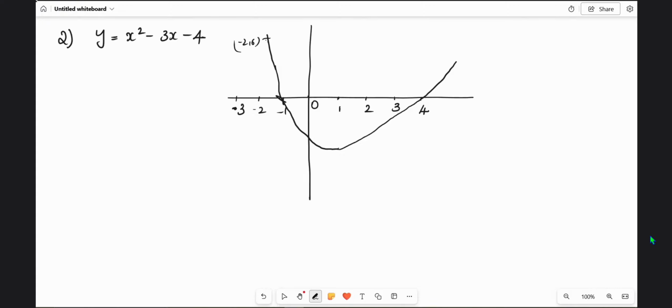Now can you tell me what are the zeros of this polynomial? 4 comma 0. Another one is minus 1 comma 0 you will get. Correct? That means x is equal to minus 1 and x is equal to 4 are the zeros of this polynomial. They will ask MCQs on this. They will give the graph, and from that you have to tell how many zeros are there or what is the value of x where it is 0.